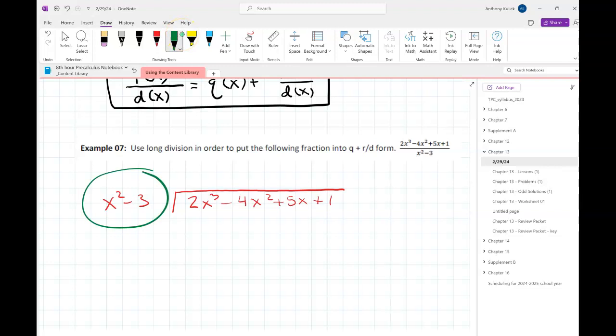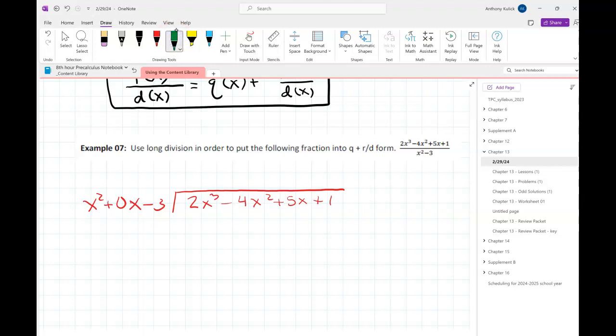What do we skip here? An x. So I'm actually going to write this as x squared plus 0x minus 3. I don't want to have any skipped terms. I'm just going to put a 0 and then whatever needs to be there for the skip, so everything lines up nicely for me.